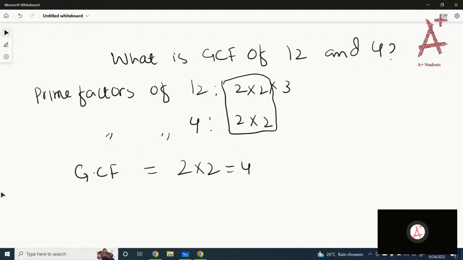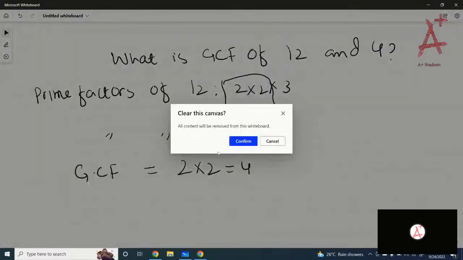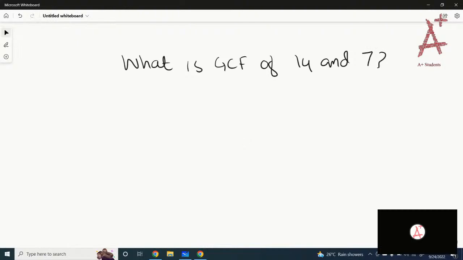Okay, the next one is, what is the GCF of 14 and 7? Okay, so write down the prime factors of both the numbers.